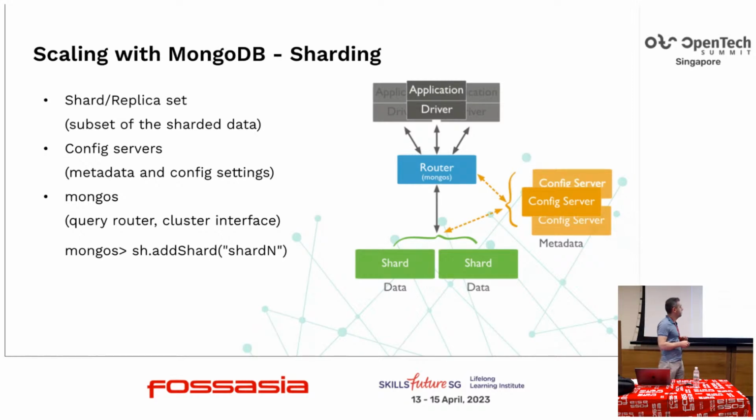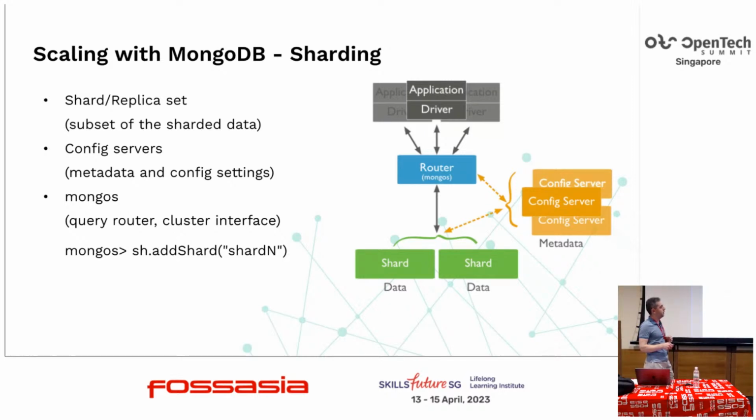The components in a MongoDB sharded cluster are shards. This is where actually the data lives, and it's partitioned. Then there is the metadata on the config servers, and this is where the information about each document in the MongoDB database, where it exists, is kept.